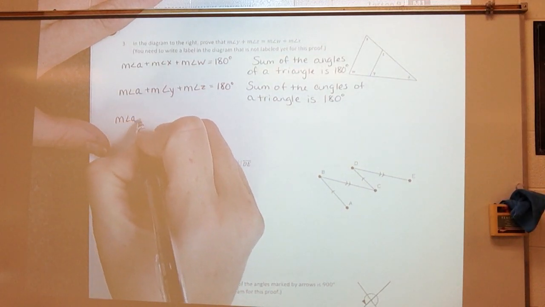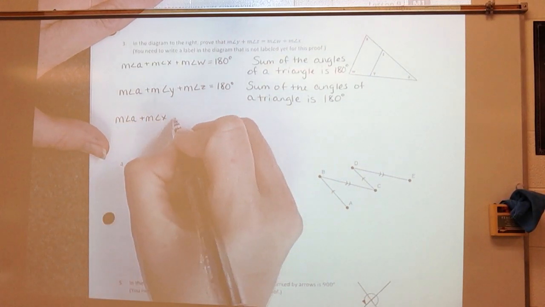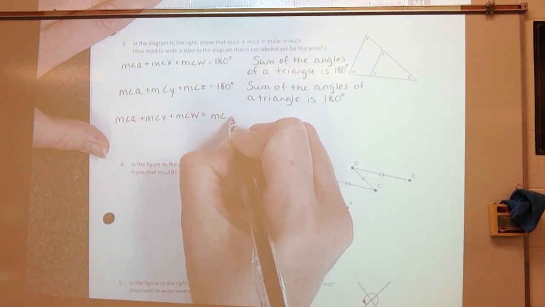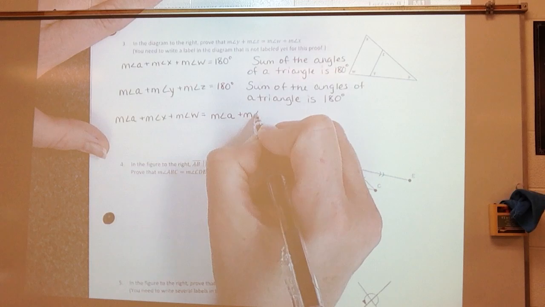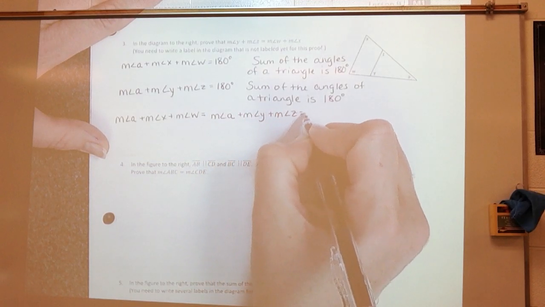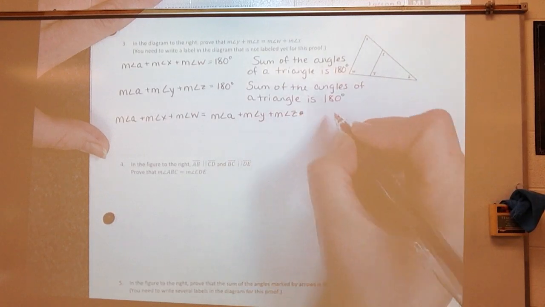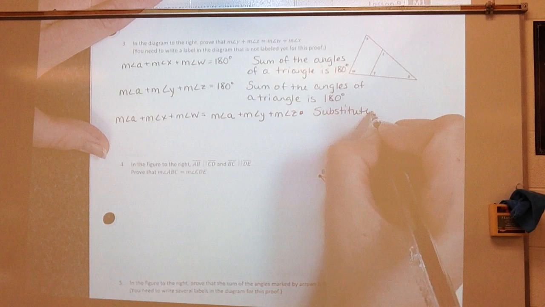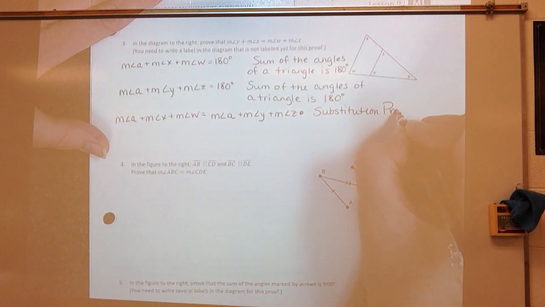The measure of angle A plus the measure of angle X plus the measure of angle W is equal to the measure of angle A plus the measure of angle Y plus the measure of angle Z. How do I know that? Because all I did was substitute. So substitution property of equality.